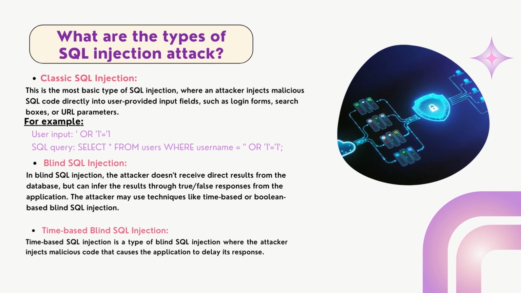The third type is time-based blind SQL injection, a variation of blind SQL injection. Here the attacker injects malicious SQL code that introduces delays in the application's response time, and can infer if the injected query was successful or not.